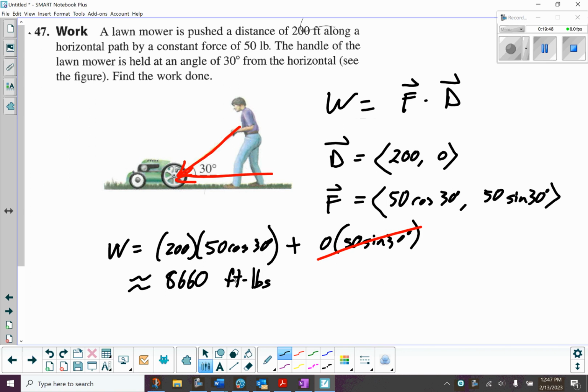Now, again, you think about we're pushing with a force of 50 pounds for a distance of 200 feet. It's not miles per hour. It's not anything but, first time you encounter it, kind of strange. Foot-pounds is our unit of measurement here.